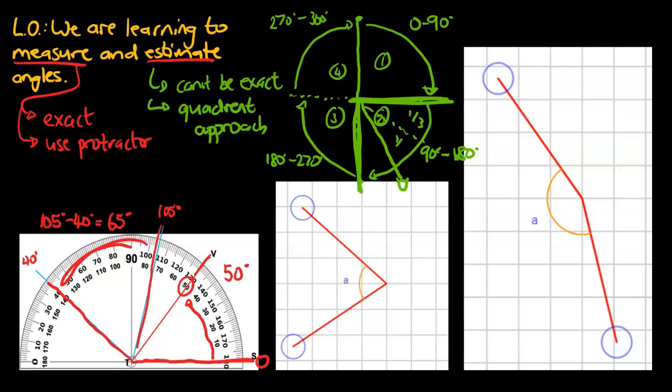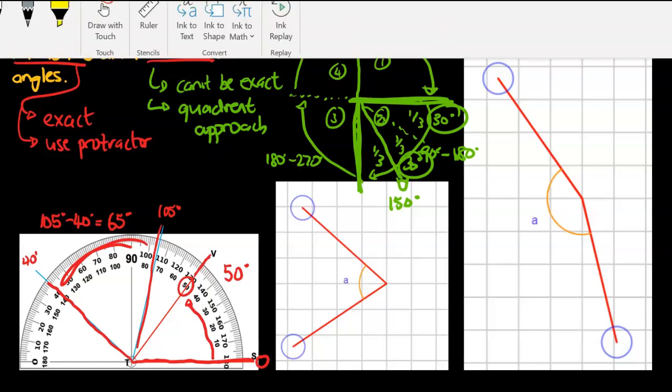There's a third, a third, and a third. One third of this 90 degrees is going to be 30 degrees. So it looks like that's going to be another 30 degrees, and that there would be another 30 degrees. If we add the 90 from above, the 30 here, and the 30 here, that gives us our 150-degree estimate of that line. That's what I mean when I'm talking about the quadrant approach.